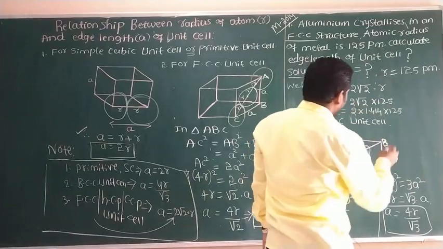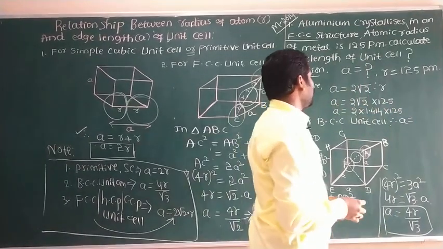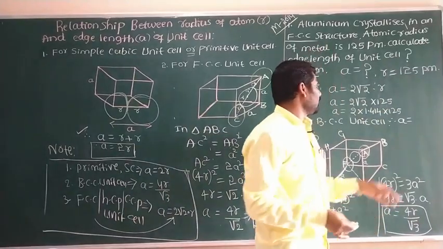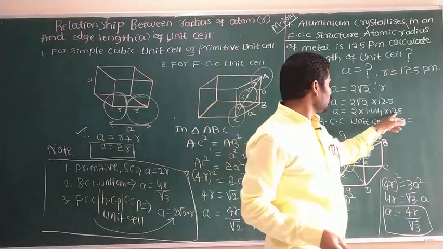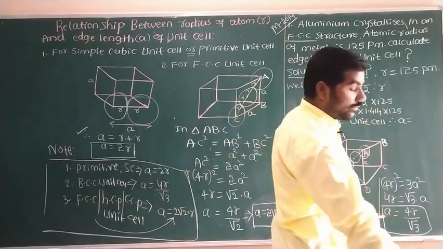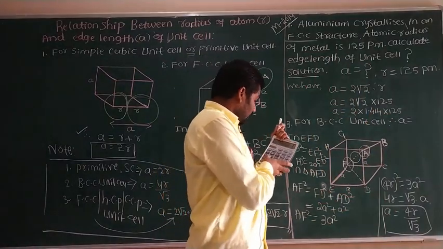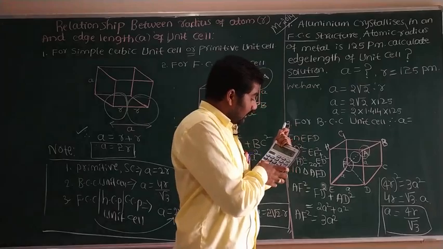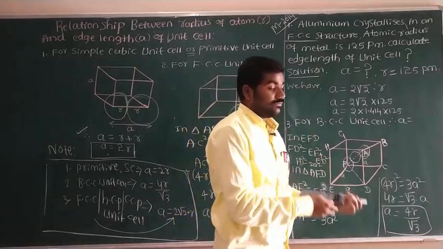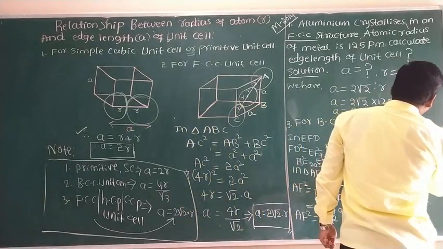Let us simplify. 125 into 2 is 250. 250 into 1.414. Therefore, you will get 353.5.